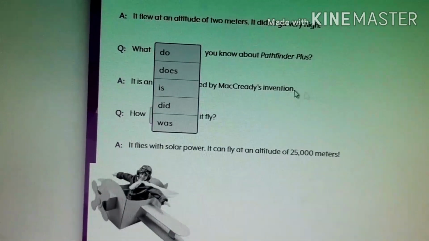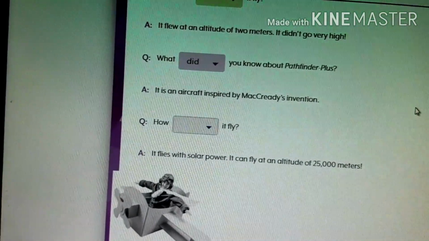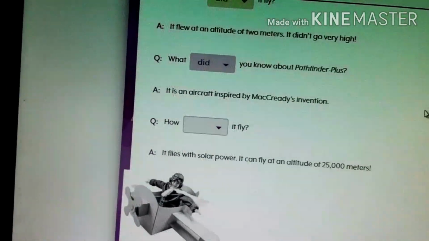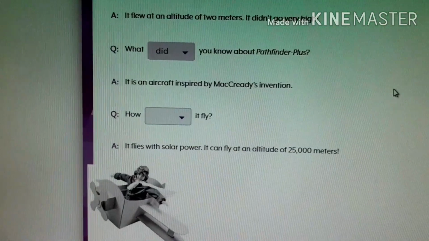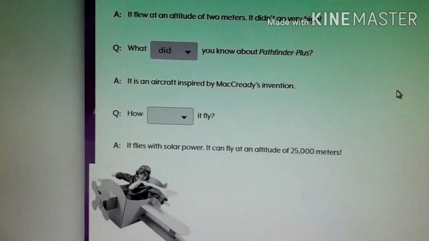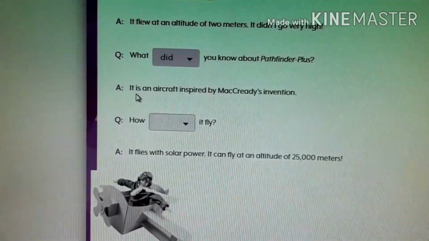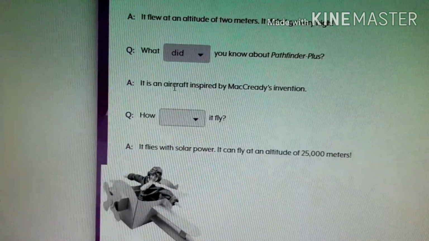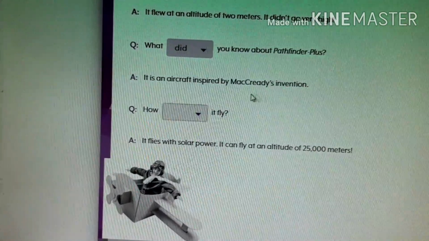What did you know about Pathfinder Plus? The answer, it is an aircraft inspired by McCready's invention.